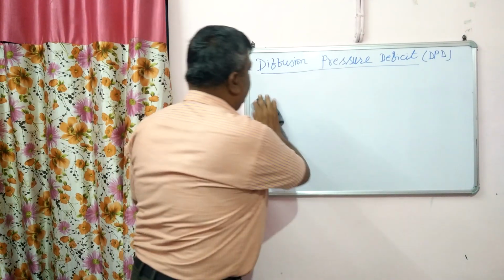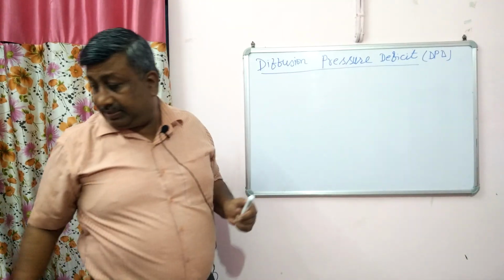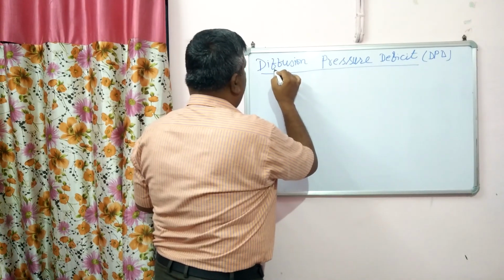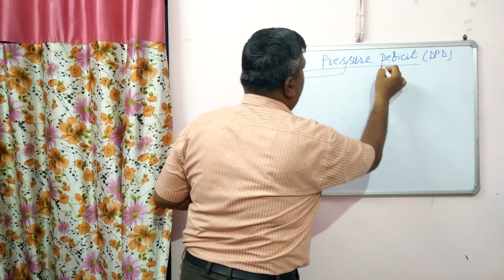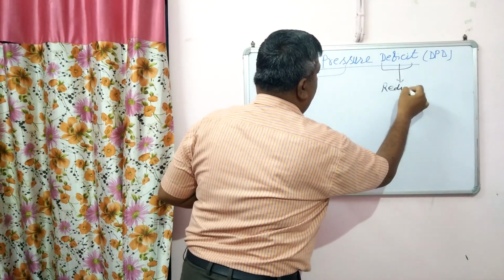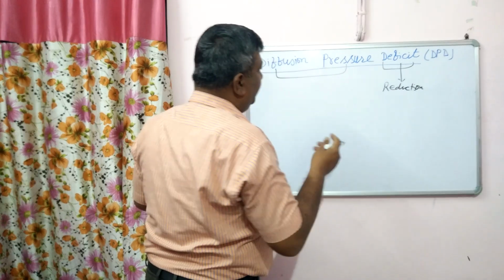So how is this DPD calculated and what is the meaning of this DPD? Actually, this consists of two terms, diffusion pressure and deficit. Deficit means reduction. So reduction or decline is called the deficit.